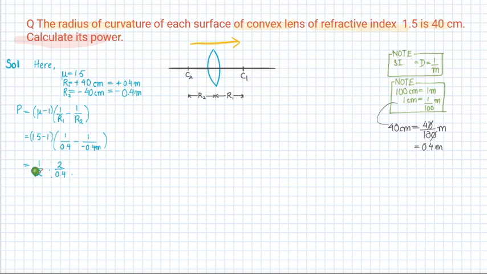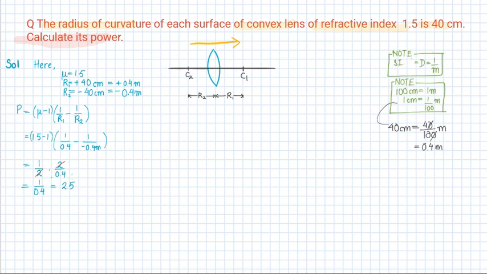So what I'm left with, the power of lens equals 1 upon 0.4. So how much is 1 upon 0.4? If you calculate using your calculator, it comes to around 2.5.